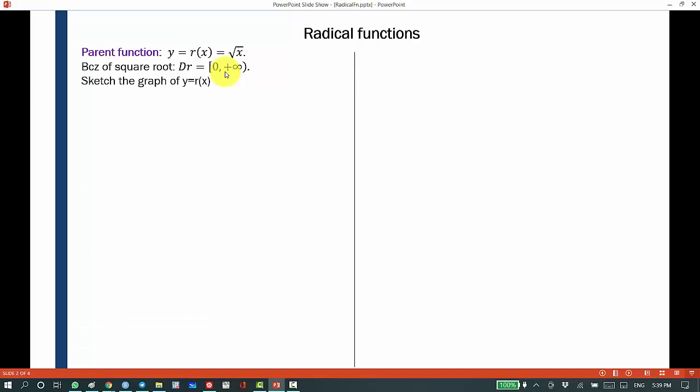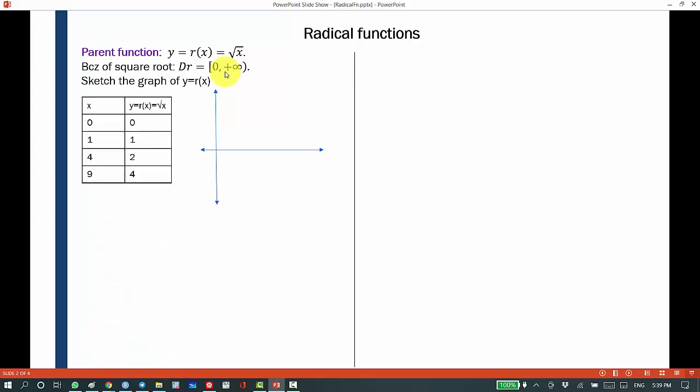To study the behavior of this parent function, let's sketch its graph. For that, we consider the two-dimensional space and give some values to x from its domain and find the square root of those values. Square root of 0 is 0. If x is 1, square root of 1 is 1. If x is 4, positive square root of 4 is 2.